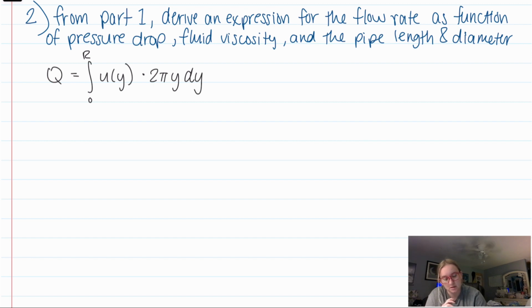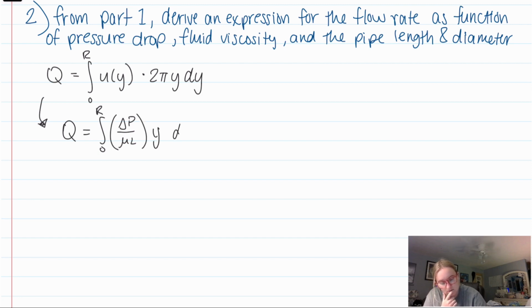And so now, using the expression for velocity that we got in part 1, we can integrate to find the flow rate. So that expression is delta p over mu times L. So then we would get Q equals the integral from 0 to r of delta p over mu L times y dy, which simplifies down to Q equals delta p over mu L times y squared over 2 evaluated from r to 0.